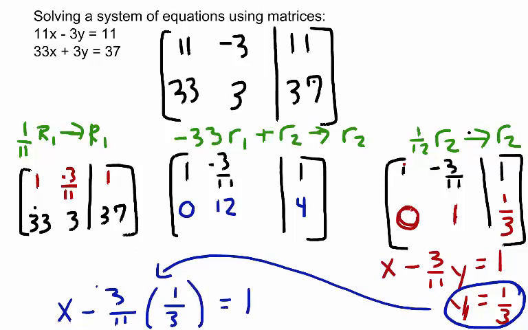The 3's cross cancel. So x minus 1/11 equals 1. And adding 1/11 to each side will give us a result of x equals 12/11.